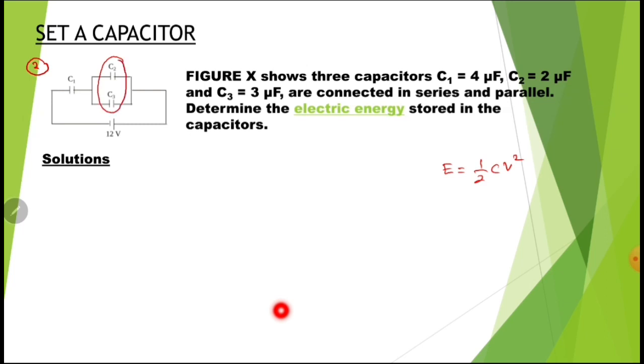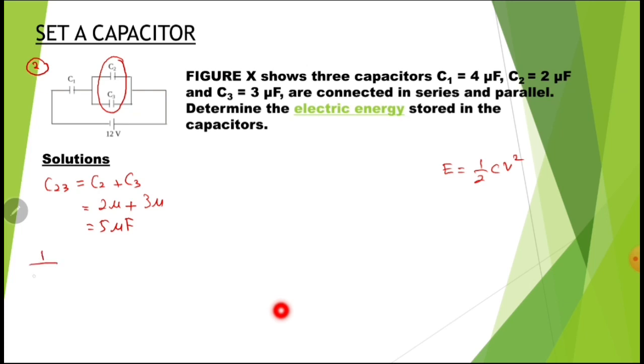So, C23 parallel. So, bila capacitor parallel capacitor, so C23 equal to C2 plus C3. So, our C2 is 2 micro. C3 is 3 micro. So, here we get 5 micro. So, C23 dah ada. Okay, tapi kita nak cari C123.